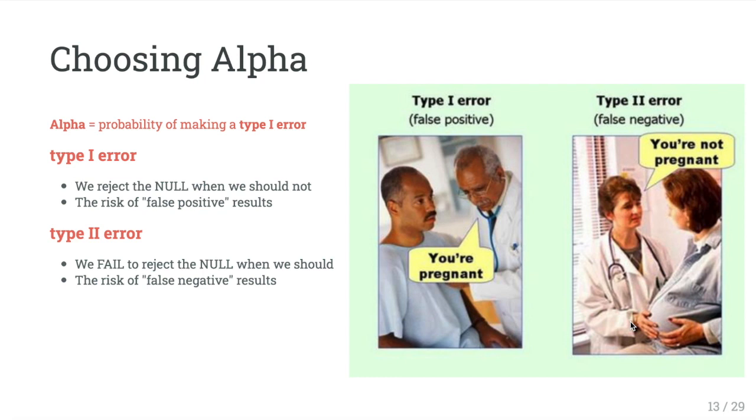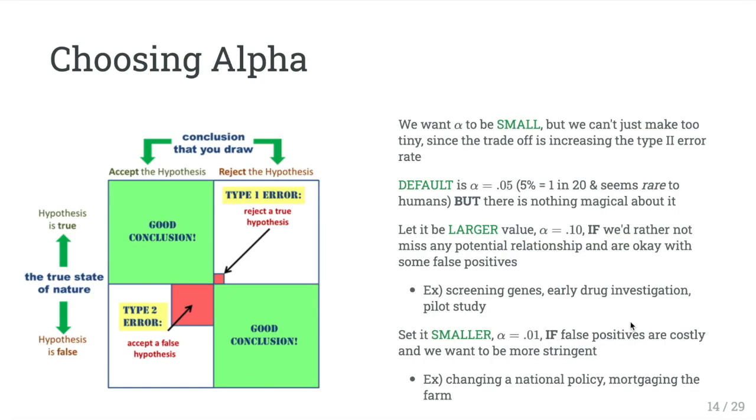So when we choose an alpha, we're choosing our type 1 error. When we choose our sample size and our measures, we are in some way influencing our type 2 error. Now remember, whenever you make a conclusion, there's a chance that you can be wrong. There's nothing we can do to totally get rid of type 1 error or type 2 error.